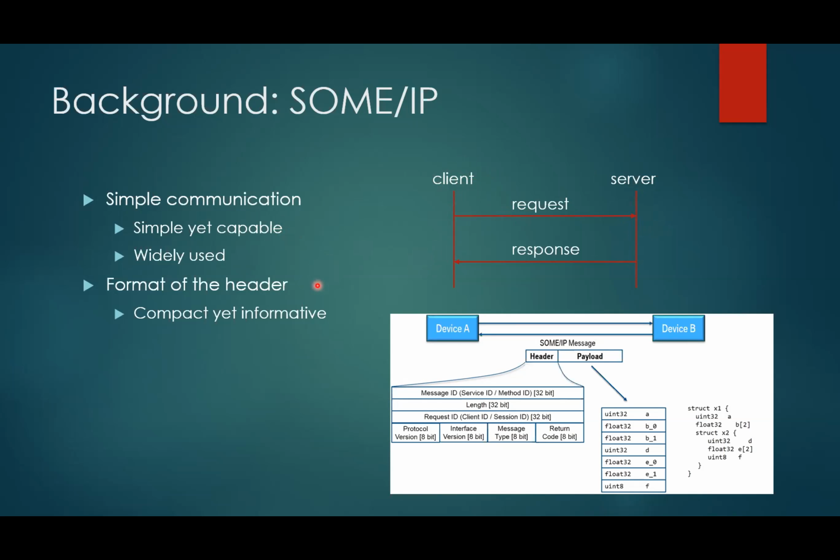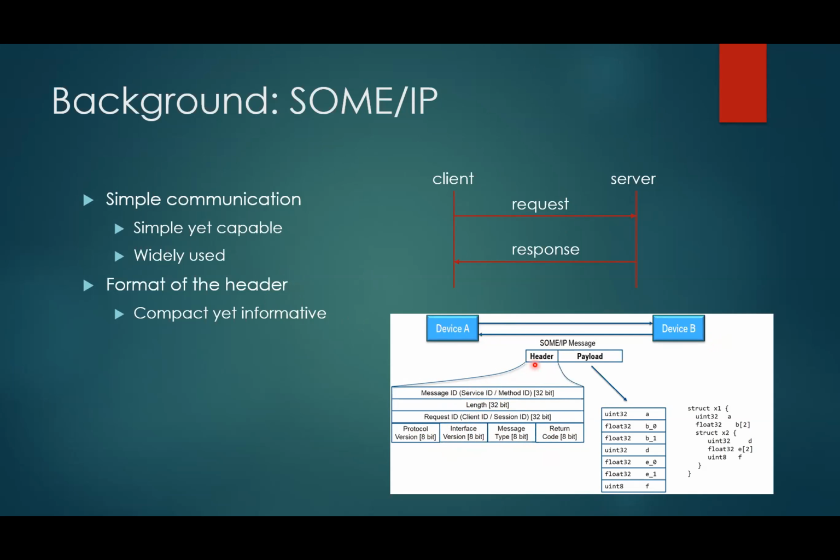When we send the request, we are actually sending packets. The format of the header of the packet is very compact, as we can see in this figure. It is very compact and very informative, because when the client sends the request, it will indicate the service ID, the whole length of this packet, the request ID, the protocol version, the interface version, message type, and so on.